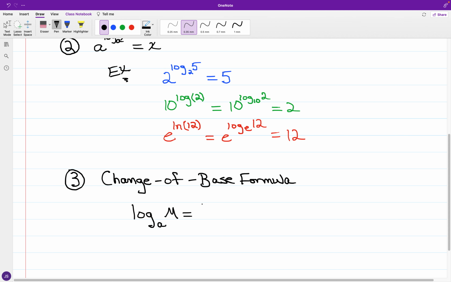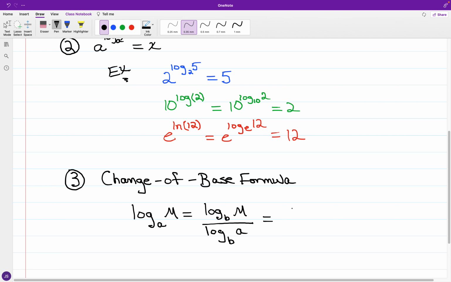So for the base a logarithm of m, we have the base b logarithm of m all over the base b logarithm of a, the term that was the original logarithmic base.